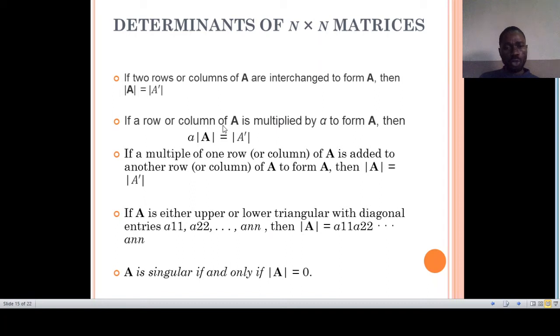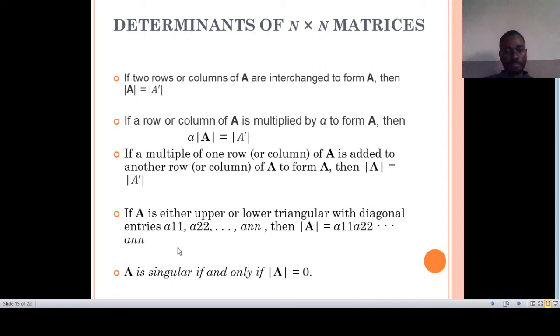If a row or column of A is multiplied by alpha to form A', then alpha multiplied by the determinant of A is equal to the determinant of A'. If a multiple of one row or column of A is added to another row or column of A to form A', then the determinant of A is equal to the determinant of A'.